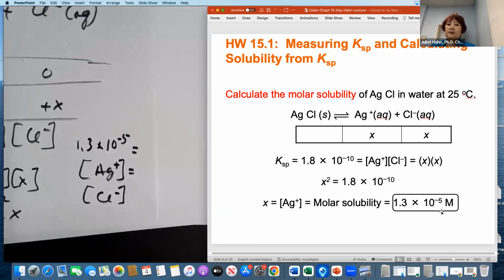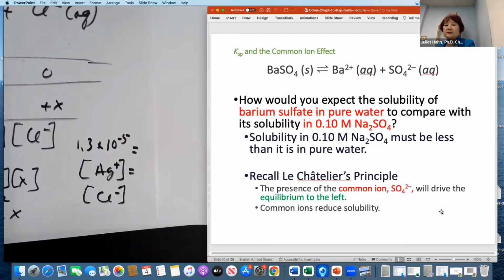Okay, so next. This is another case where you're actually adding in a certain amount of the counter ion. So in this case, you're going to sort of have to use Le Chatelier's principle because it says that you have barium sulfate in pure water and you want to compare the solubility of barium sulfate in water versus the solubility in 0.10 molar of the sodium sulfate.